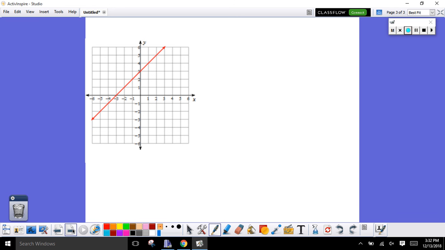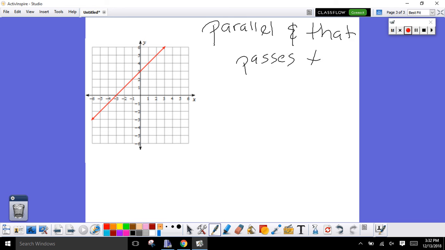When they give me a line and they tell me they want a line that is parallel and that passes through a point -2, 0, what I'm going to do is first look at my equation.